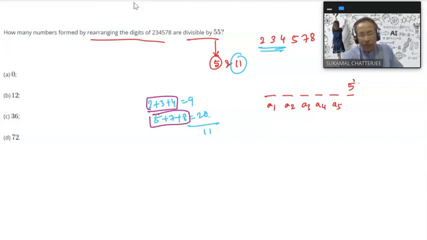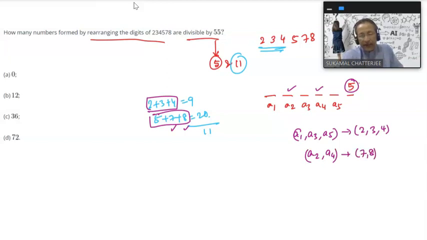Therefore, one of the numbers is 5. So, A4 and A2 have to be between 7 and 8, and therefore A1, A3 and A5 have to be among 2, 3 and 4.